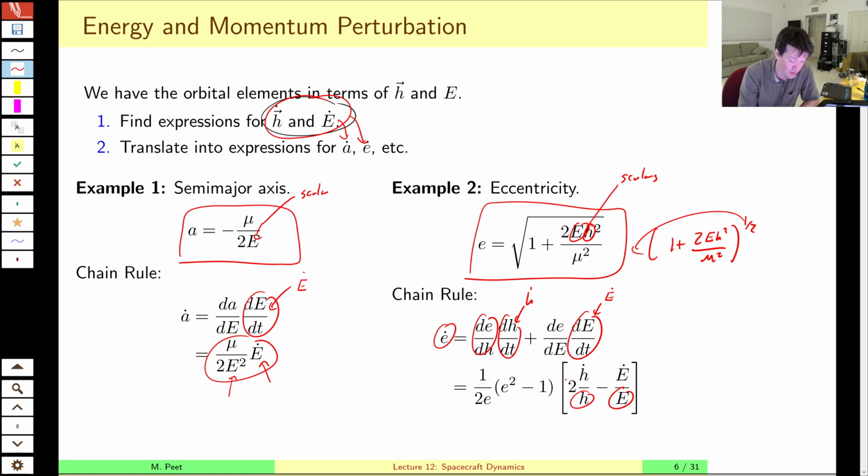H, however, has a 2 in front of it, and there's another term of h which pops outside and cancels something else. So it's a relatively simple expression for e dot as well, in terms of big E dot, which is energy, and H dot, which is angular momentum.